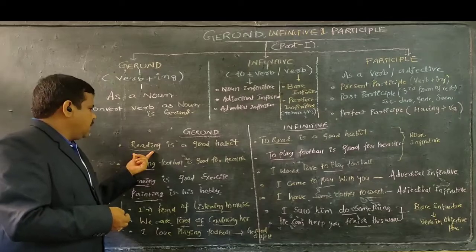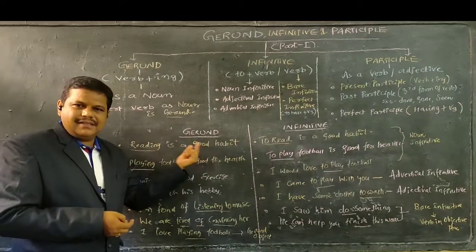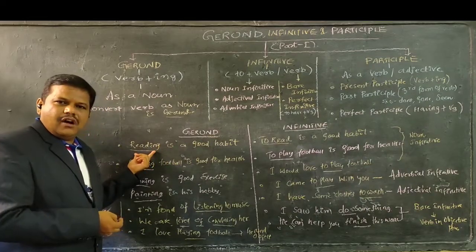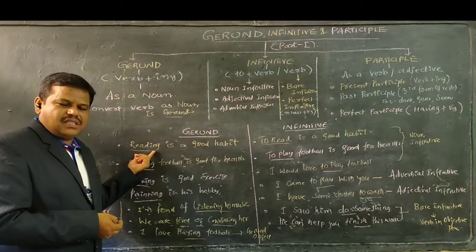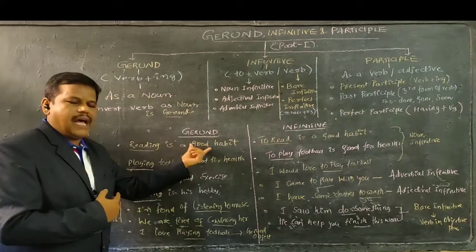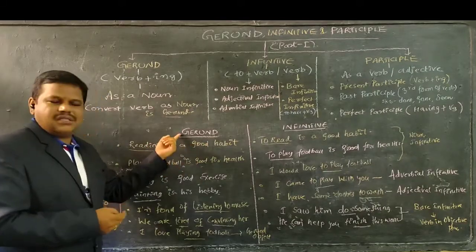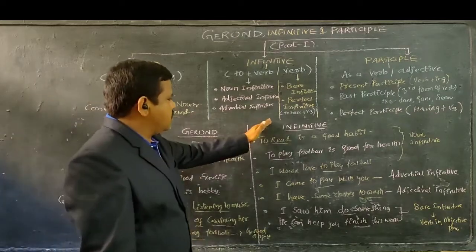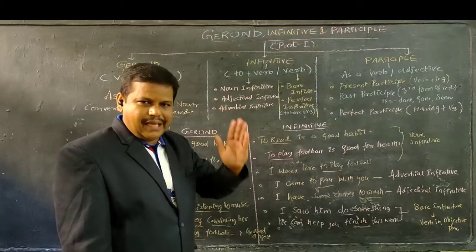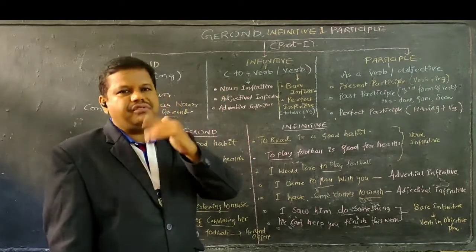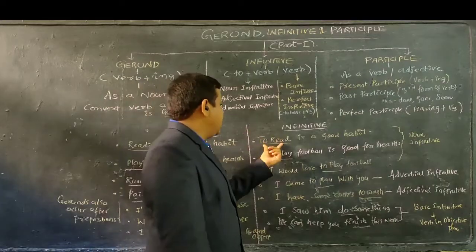Let us see with a few examples. Number 1, reading is a good habit. Here the verb 1 in ing form is in the subject place: reading is a good habit. Example number 1, which is the case of gerund. Now in the case of infinitives, when you use the same verb in the place of a noun, it is called a to infinitive.